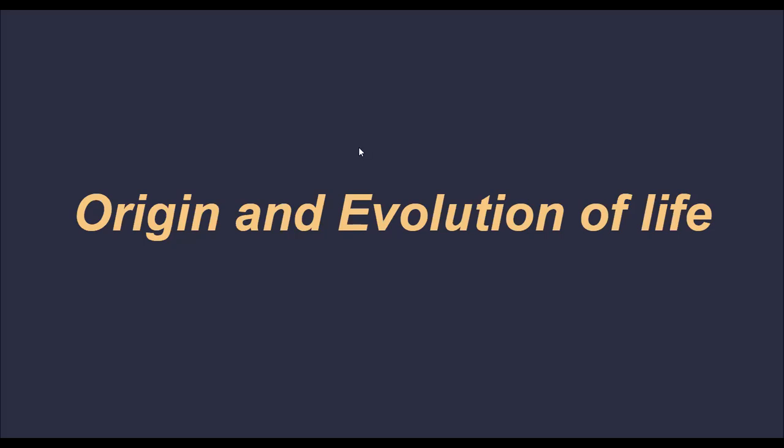So welcome to another video of chapter 5, that is Origin and Evolution in the Maharashtra textbook, and chapter 6 in the CBSE textbook. In the previous video we covered the introductory part of how different scientists, thinkers and philosophers had different approaches towards understanding the mystery of how life originated and evolved on Earth.